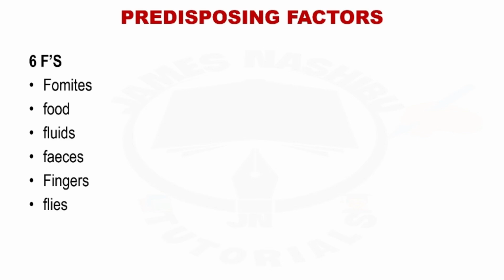Apart from that, also feces, because this disease can be transmitted through the fecal-oral route. So this bacilli can be passed through feces, and when one comes in contact with feces, it can also bring about dysentery.